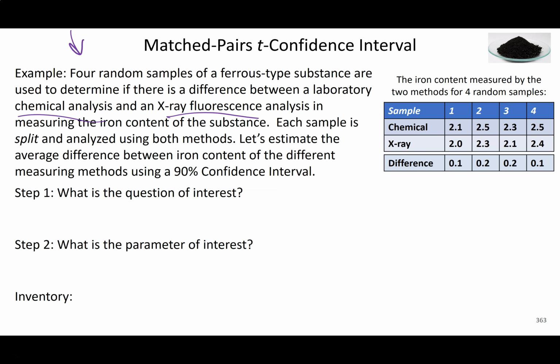And we want to look at the difference here. So let's estimate. Estimate is like an indicator, like ding, I'm going to do a confidence interval. We want to look at the average difference, or mean difference, between iron content of the different measuring methods.